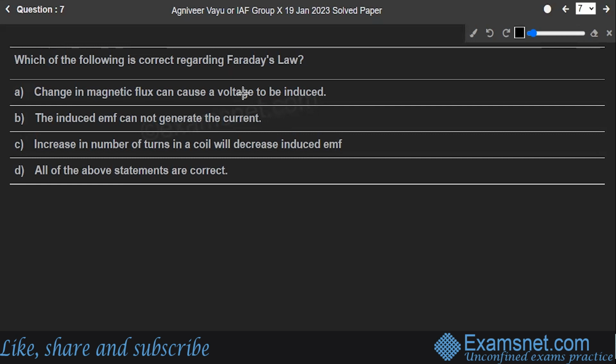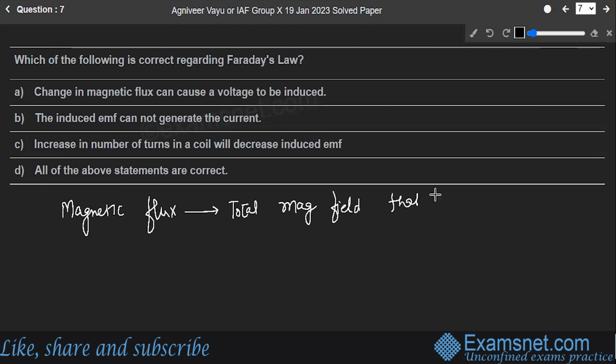Before talking about Faraday's law, let's talk about magnetic flux a little. What is that? Magnetic flux is the total magnetic field that passes through the given area.